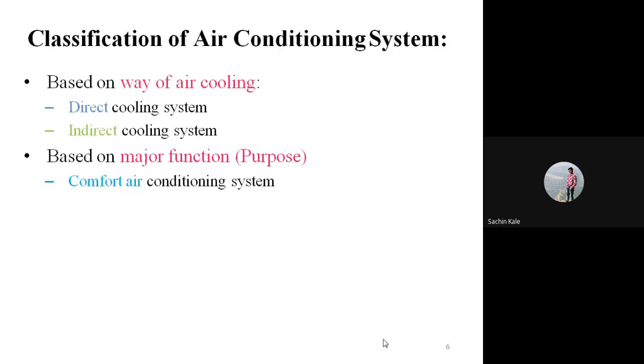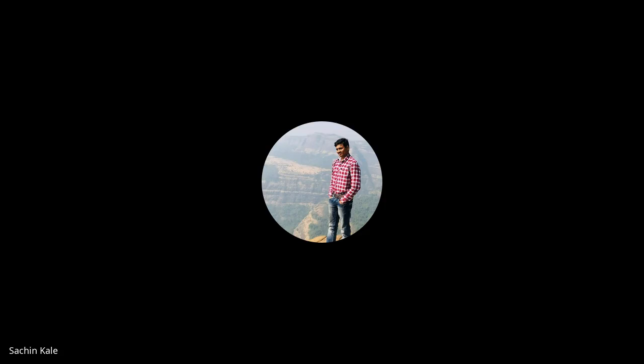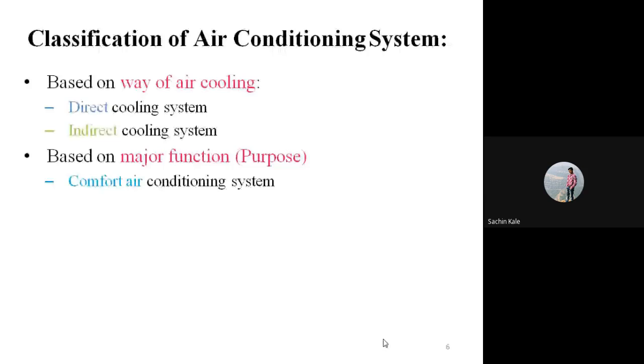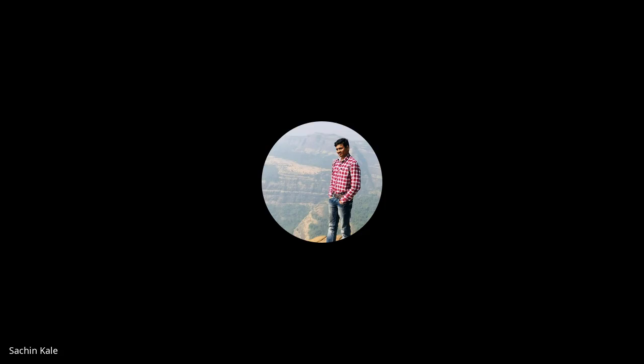So most IT industries, and nowadays most core industries and their offices, are well equipped with air conditioning systems. Why is an air conditioning system required? Because of it, the human beings who are working will be comfortable and properly maintained, and their efficiency will be increased.